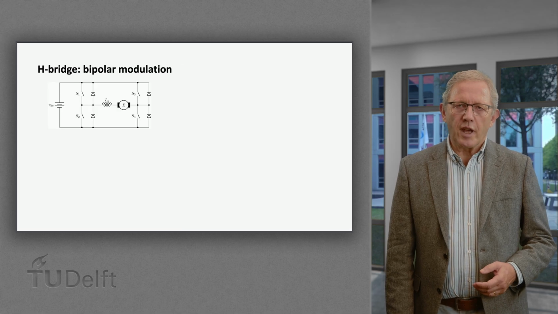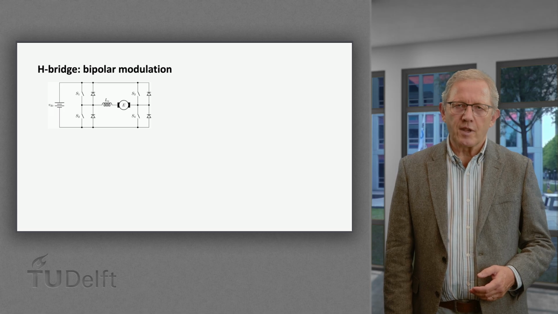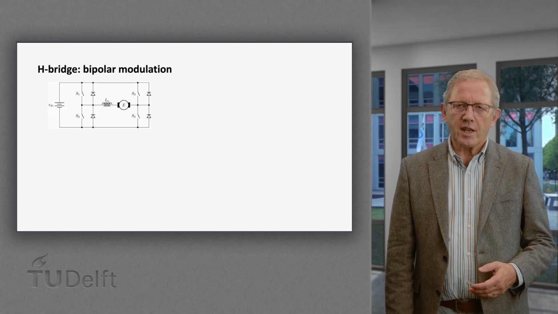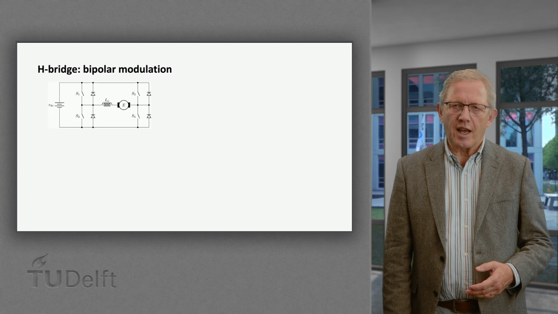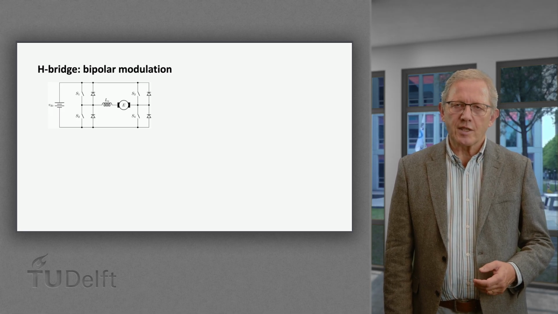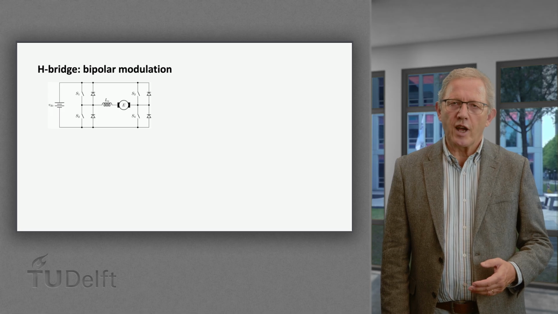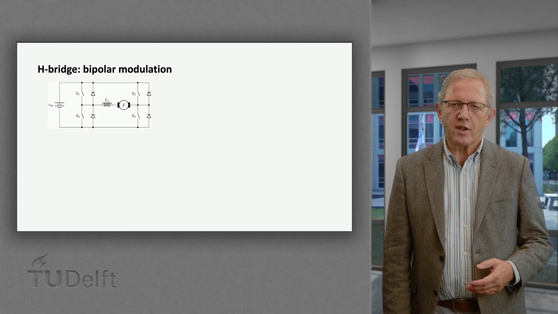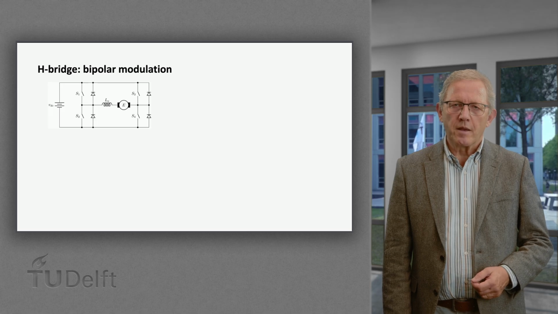Looking closer at the H-bridge, we can see S1 and S2 form the left half bridge, while S3 and S4 form the right half bridge. One way to operate it is to have S1 and S4 always switching together, as are S2 and S3, with both pairs of switches complementary.